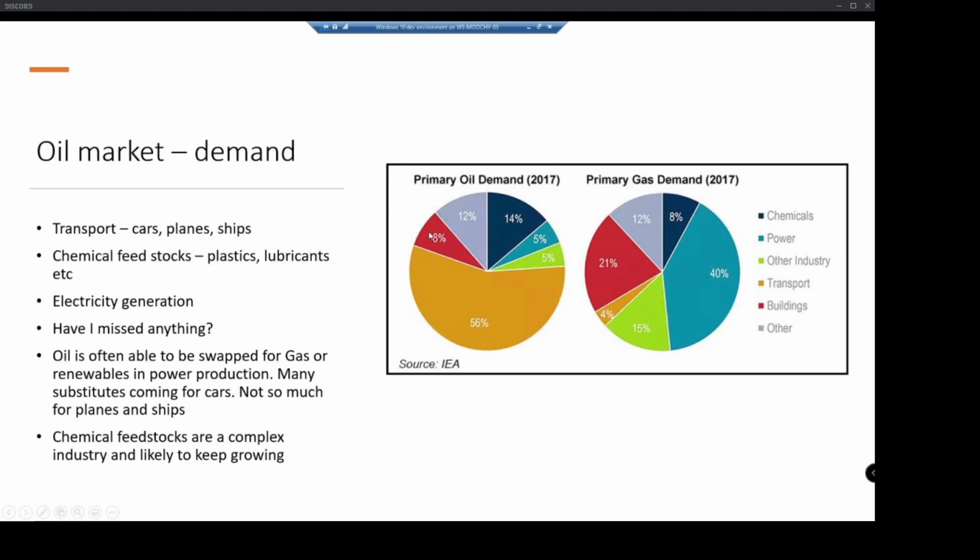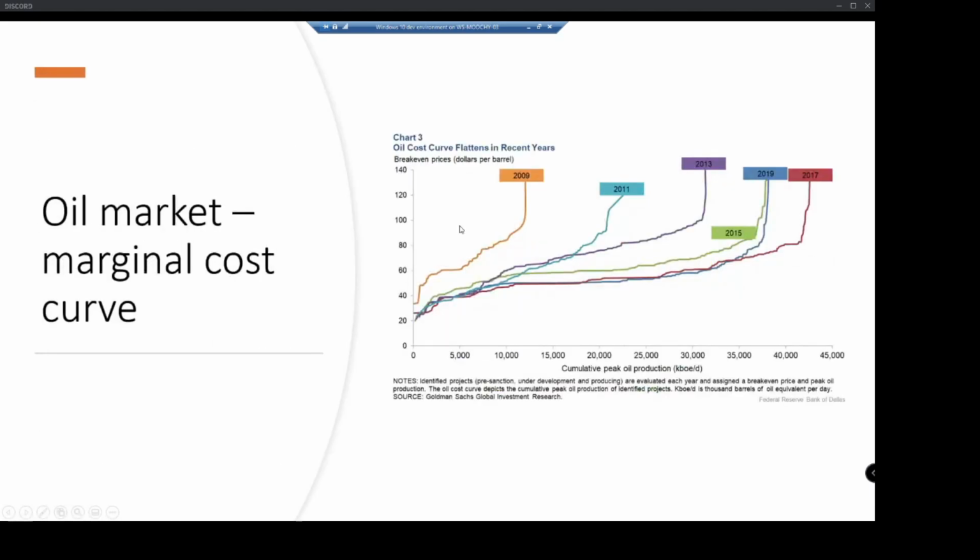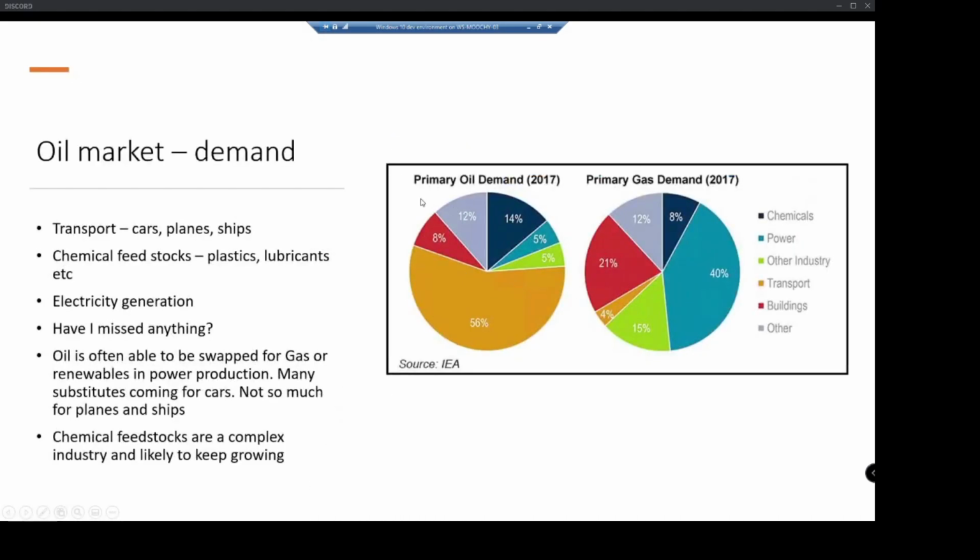Then you can look at how this demand is going to change over time. So if you imagine this is the supply curve, so we've seen that supply has been heading in that direction mostly, and now it's kind of come back a bit. How is demand going to change? So the classic one is everyone knows that the world is going electric vehicles or hydrogen vehicles.